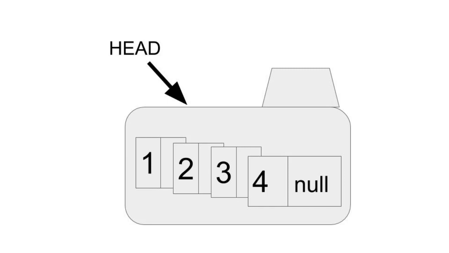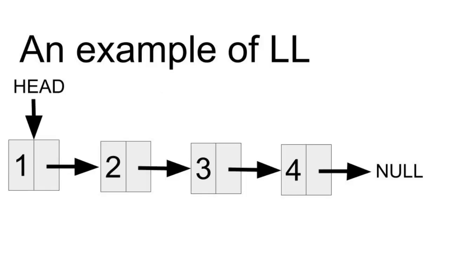We only need the head to access all the elements of the list. We do not need anything else, and the head is simply a reference to the first element of the list, right? Once we get the first element, we can get all the rest of the elements using their pointer fields. So we only need the head. Now, head is not actually the first element of the list. Remember, head is just a reference to the first element of the list.